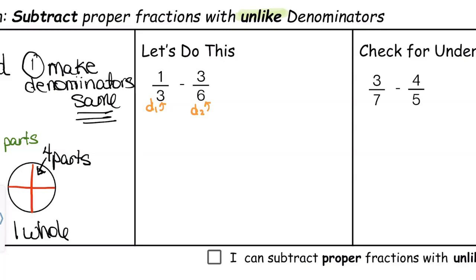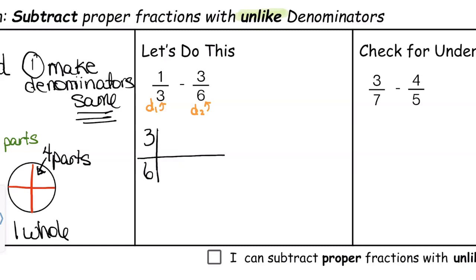We can see that these numbers are not the same, but we can easily make them the same by creating a chart, just like we did before, and figuring out the multiples they have in common. We're specifically looking for the least common multiple.